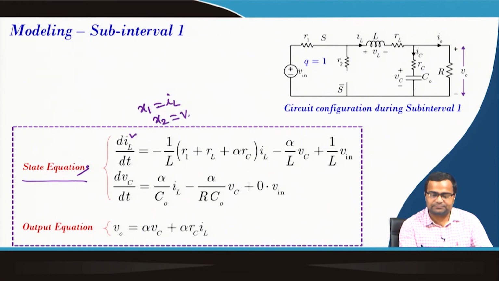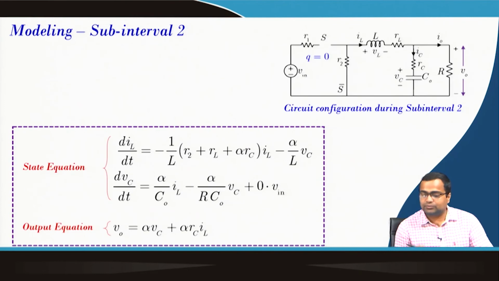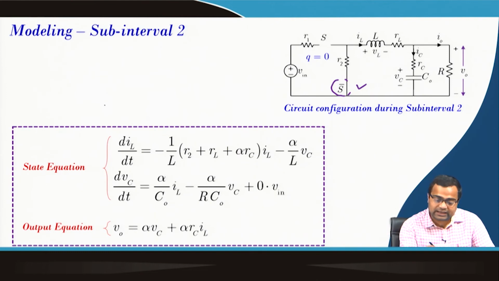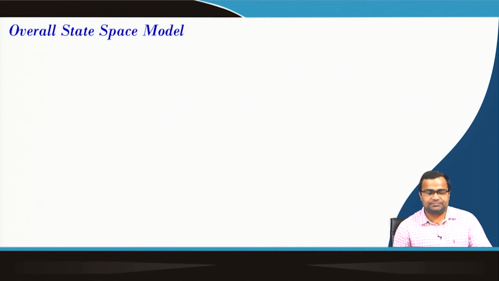Vc, right. Then we can consider sub interval 2, where the main switch is off but the complementary switch is on. Under this condition, again our state variables are x1 equal to IL and x2 equal to Vc. So, you can write the state space equation from this subsystem dynamics.